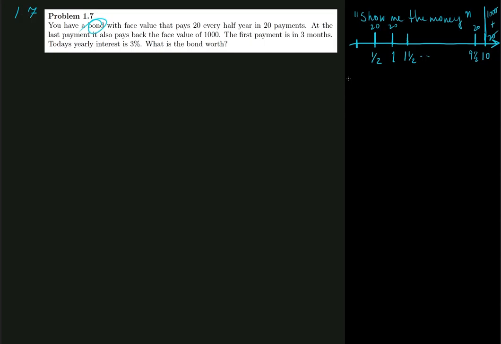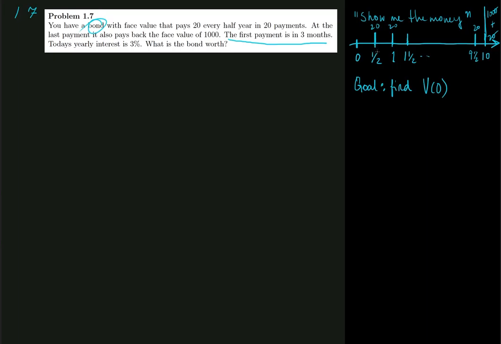Okay. And then we are asked, what is the bond worth now? So what they essentially say is, so goal, find the present value of the bond. Find V of 0. But here's a catch. Because this exercise tells us the first payment is in 3 months. So what does that actually mean? Well, that means that we don't want to find V of 0, because the first payment is in 3 months.